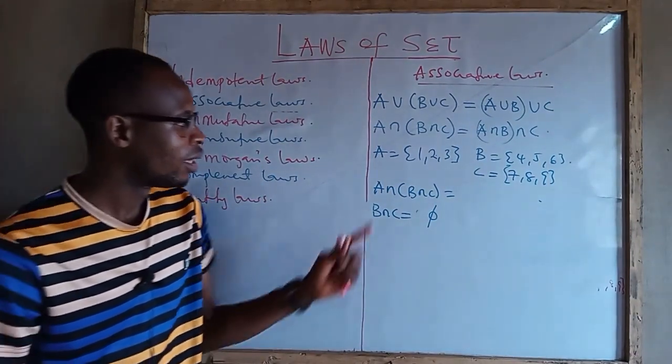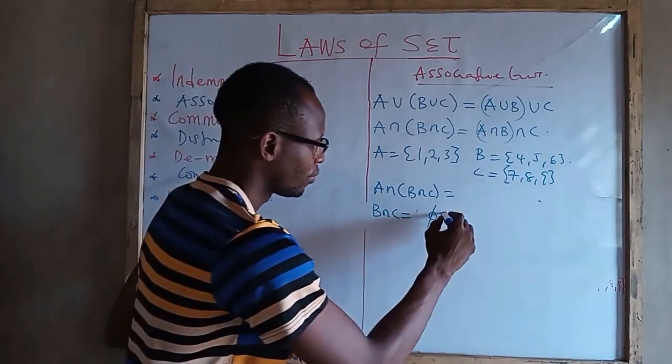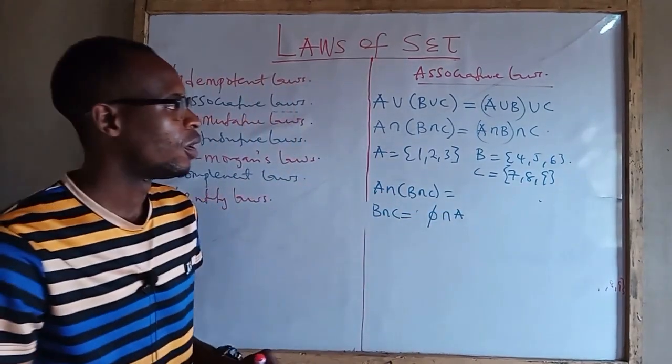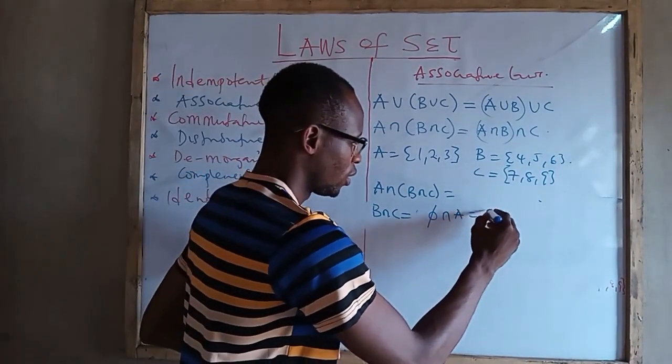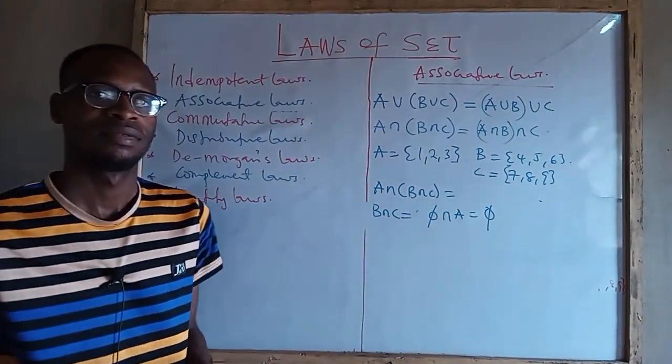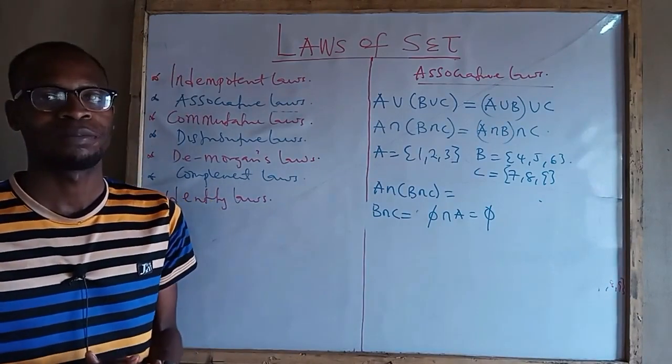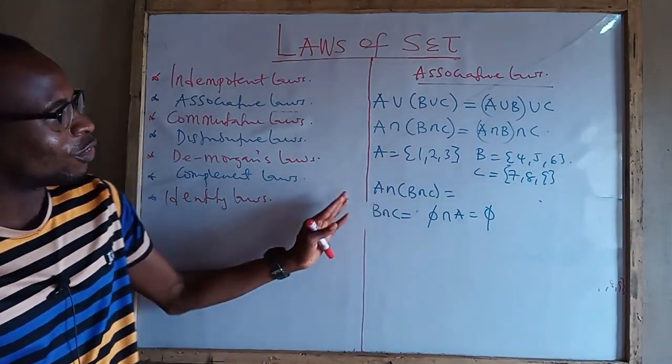Also, intersection A. What is common to this empty and A is still going to be what? Empty, because there is nothing common to them. So this is for the one on the left hand side.